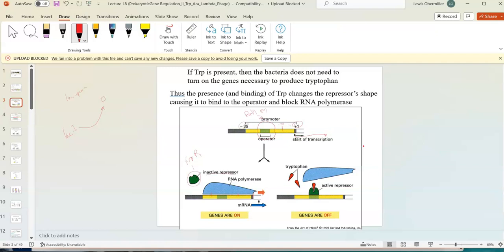In that shape, whenever it comes out of the mRNA and it's turned into a protein, it doesn't have the correct shape. So it cannot bind to the operator. Now, if tryptophan is present, it binds to the inactive repressor and causes it to change its shape. Now it recognizes that operator sequence, binds to it, and blocks the polymerase from binding to it. So in this case, tryptophan's present, genes are off. Tryptophan's absent, genes are on.